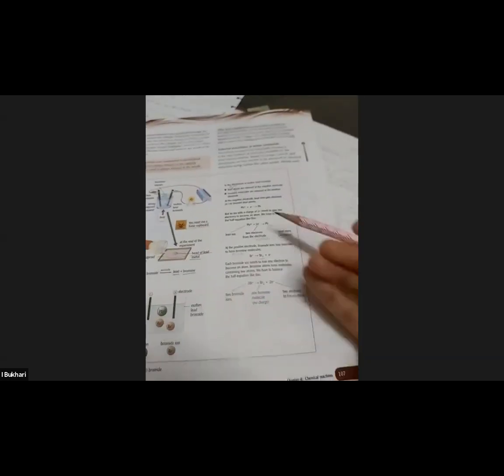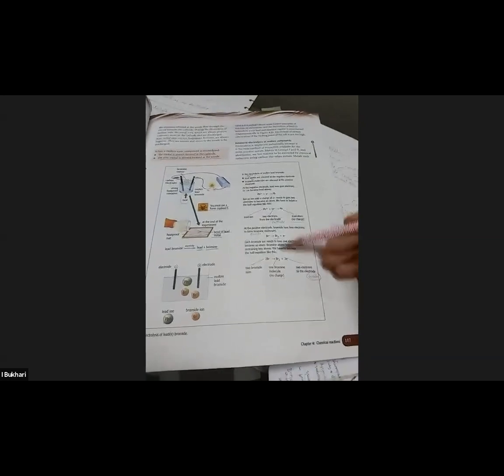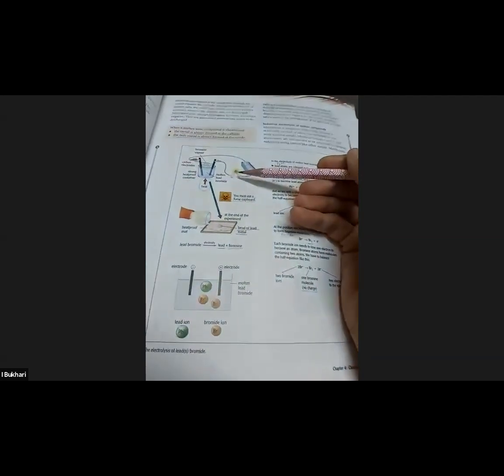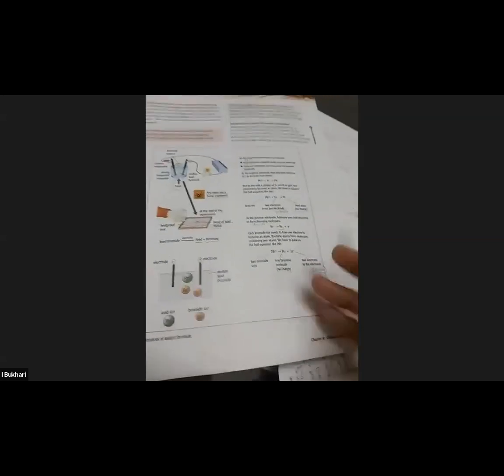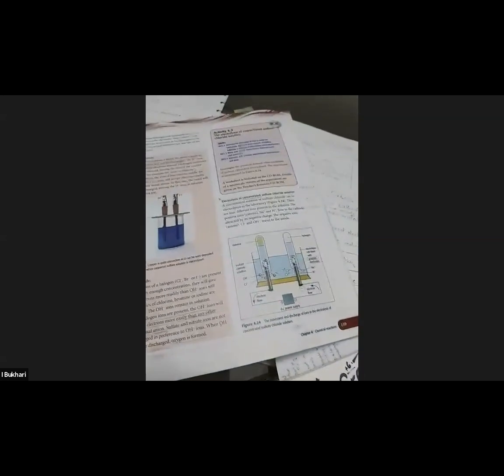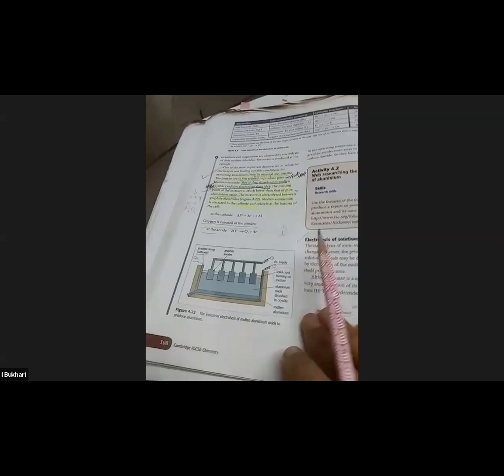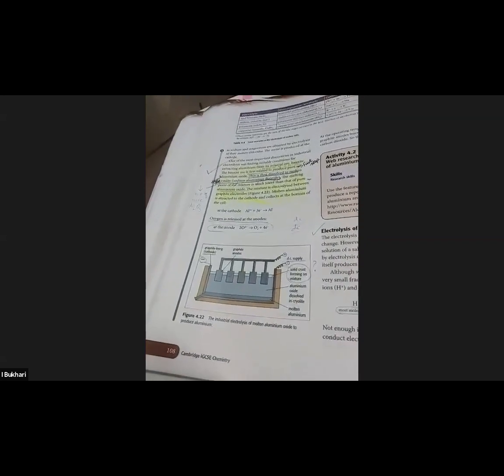We have figured out its anode and cathode reactions. They're just explaining the apparatus that they have used, but basically it is the same phenomenon. So it is easy, we have done this. Now let's move on to the industrial electrolysis of aluminum.